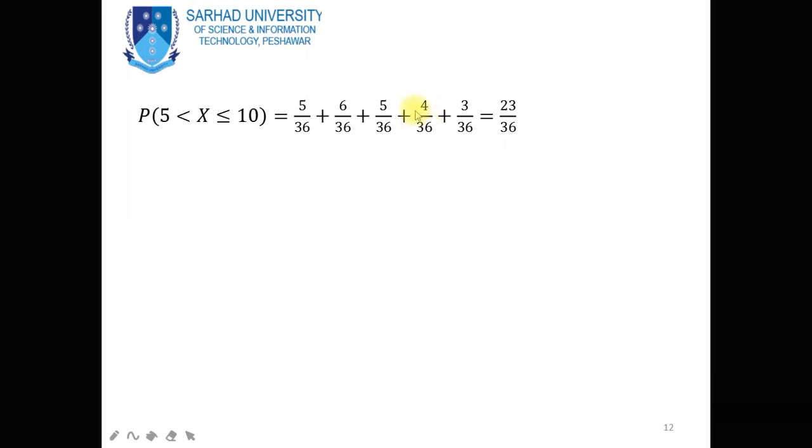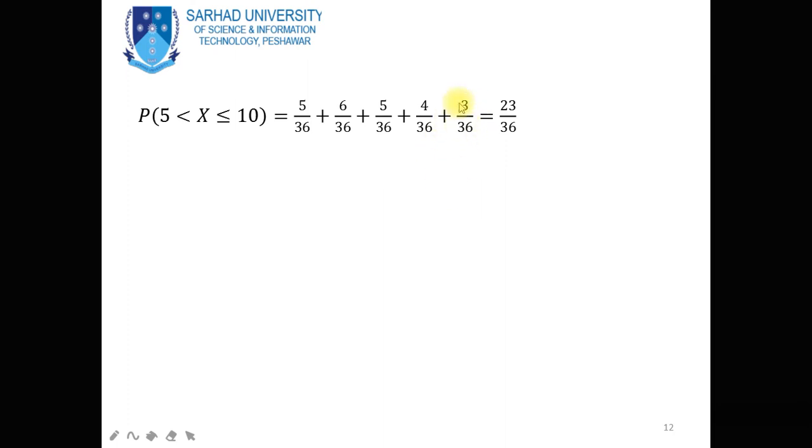Now for x equal to 9, we have 4 outcomes in the sample space when the sum of dots equals 9: 4, 5, 5, 4 and similarly 3, 6 and 6, 3.